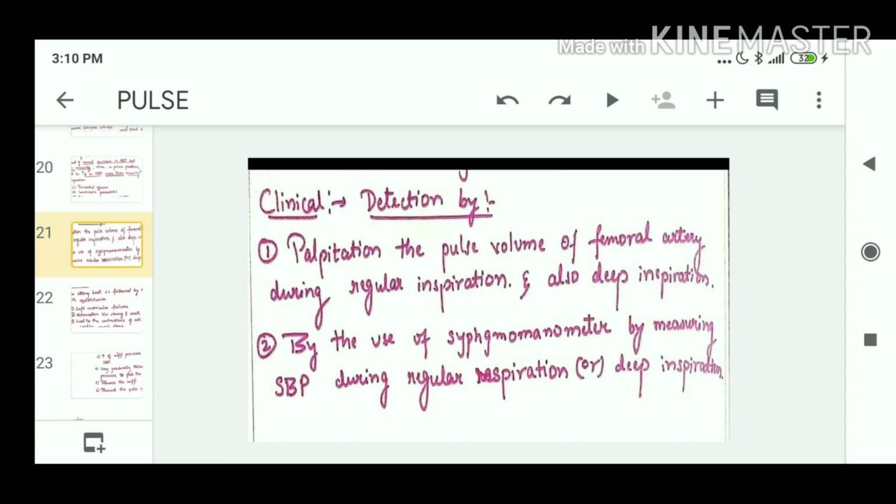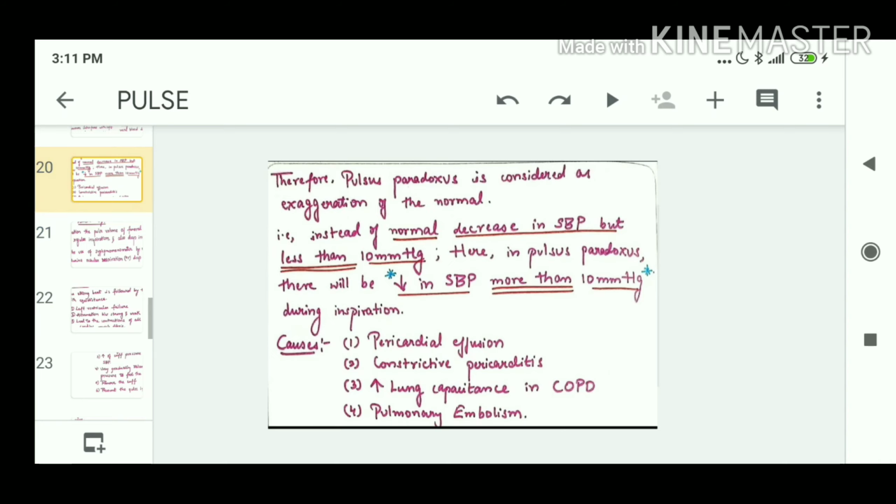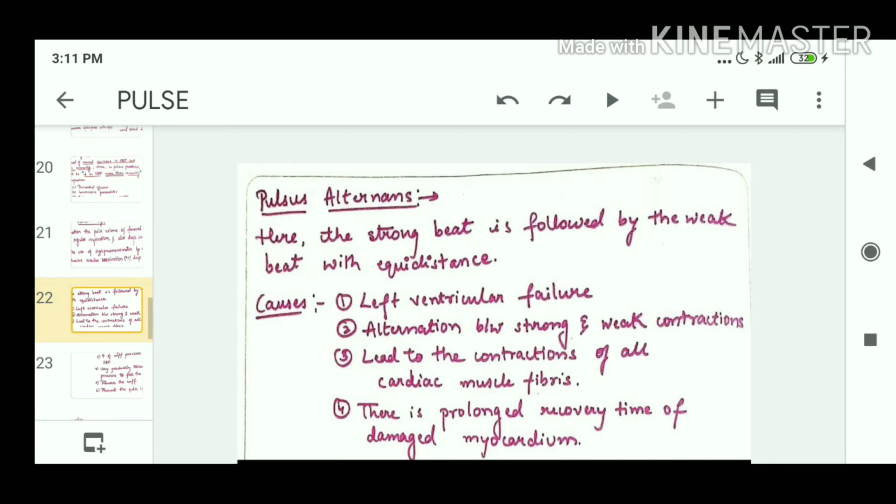It is by palpation of the pulse volume of the femoral artery during regular respiration and also deep inspiration, and by the use of a sphygmomanometer, measuring the systemic blood pressure during regular respiration or deep inspiration. So in this way you can clinically detect the pulsus paradoxus, isn't it?